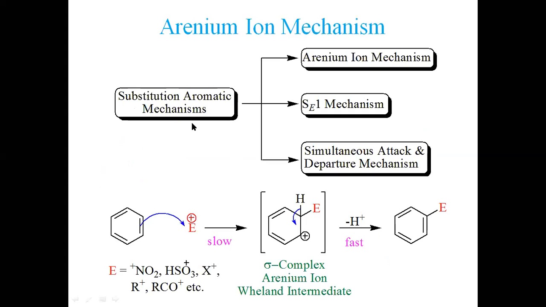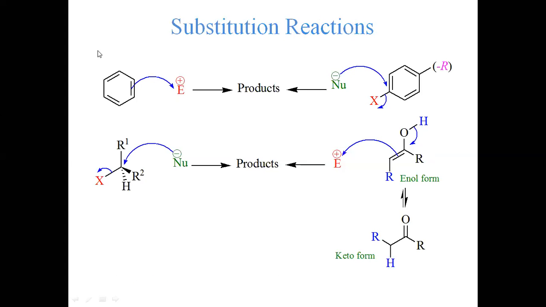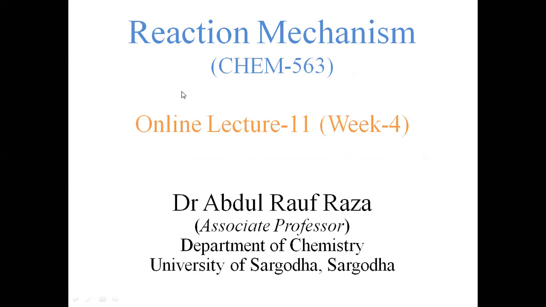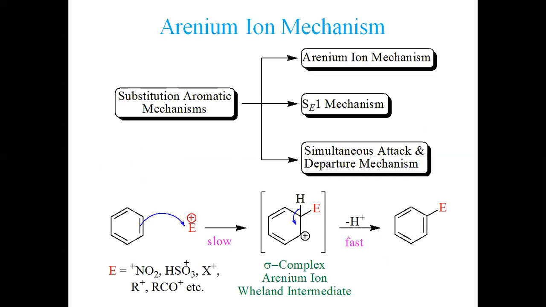When we are talking about aromatic substitution mechanisms, three mechanisms are involved. We are just talking about three types of mechanism in this category. An electron rich aromatic system reacts with an electrophile in which one of the hydrogens is replaced by the electrophile. It follows three mechanisms.